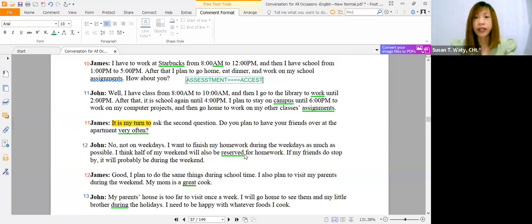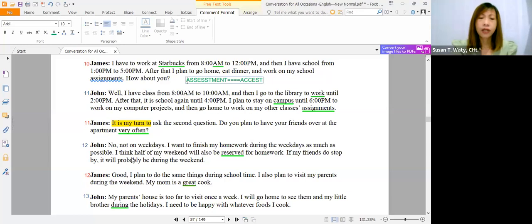John. Reserved. All right, guys. I think half of my weekend will also be reserved. Reserved, E-D. This is a passive also. Will also be reserved.